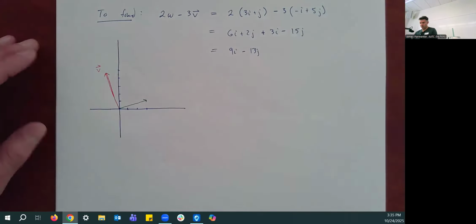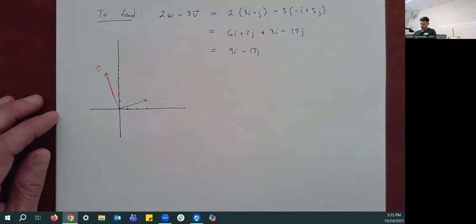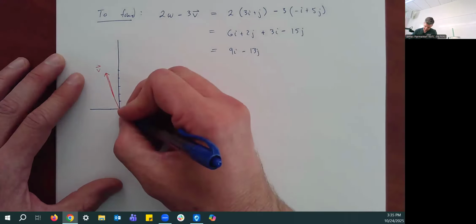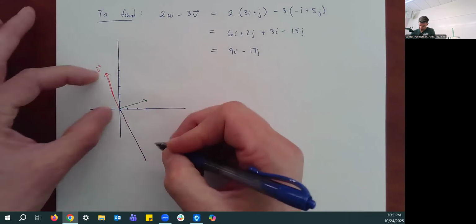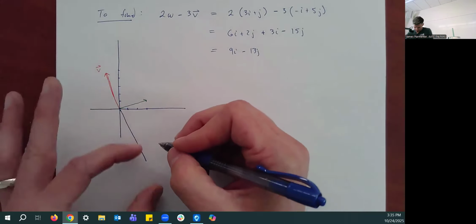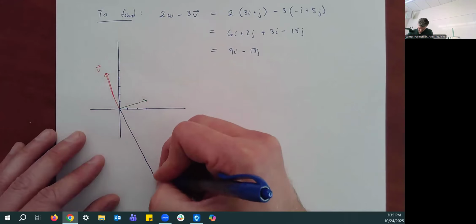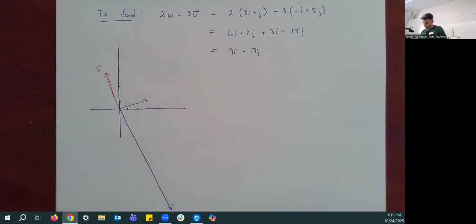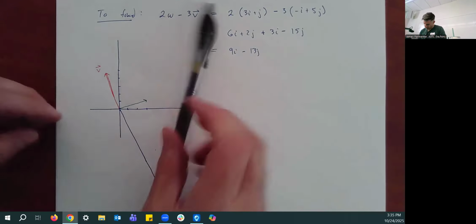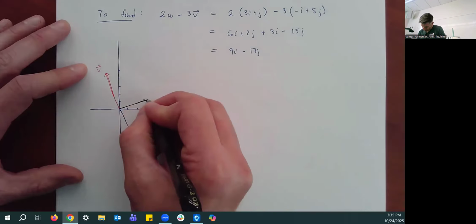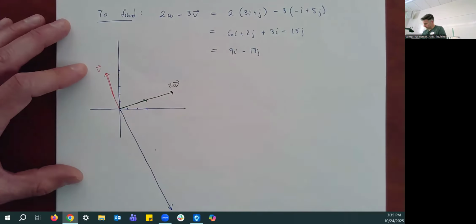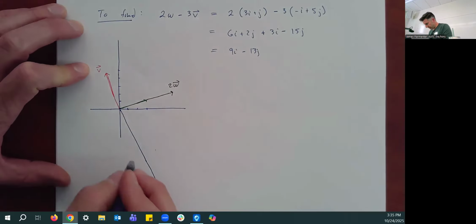So then if I wanted to do 2W minus 3V, well, here's my minus 3V going this way. Let's see, 1, 2, 3. Sure, that's close enough. And here's my 2W. I'm going to extend this out further. Double that. So here's my 2W. Here's my minus 3V.